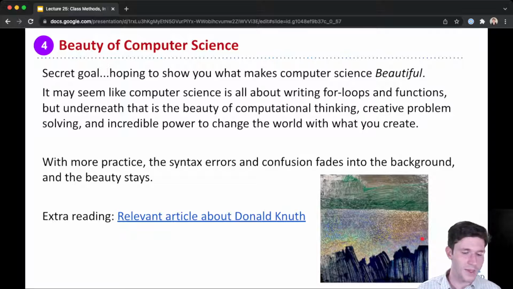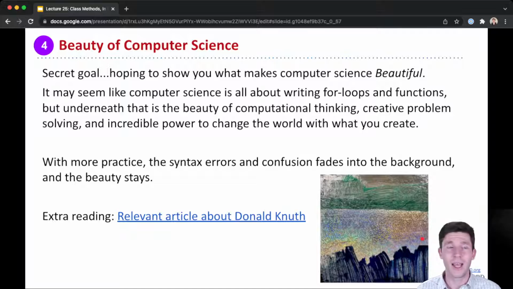But I hope that by the end of the semester, you've started to feel that underneath all of that uncertainty as you're learning language, there's this incredible beauty in what you're doing in creative problem solving, in computational thinking.